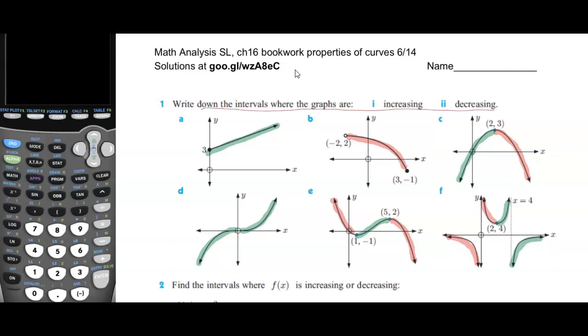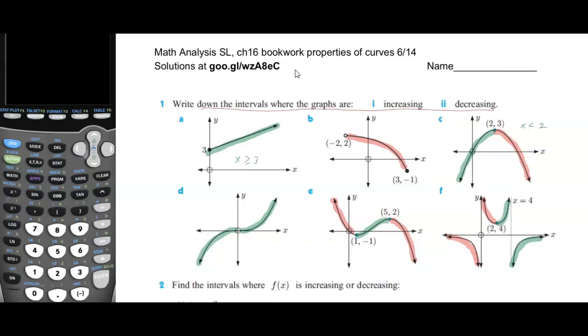Now I'm going to write in green all the intervals that are increasing. So this would be x is greater than or equal to 3. This would be x is less than 2.